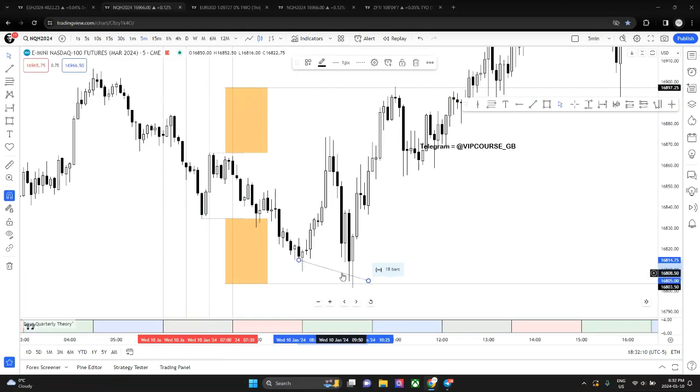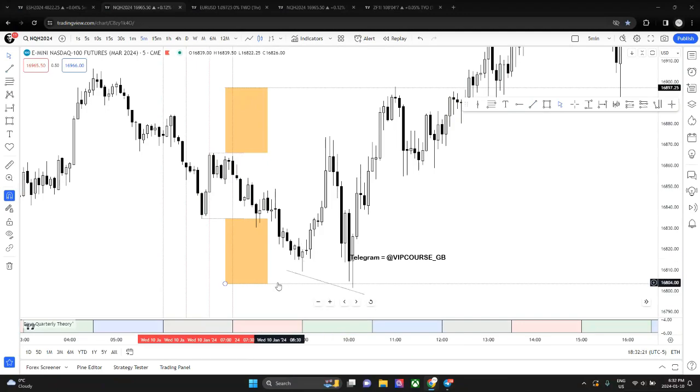It's actually crazy. Don't know why I'm talking about this stuff, but we had SMT divergence right here, right? So this low was purposely left. We whipsawed above here to take the buy stops above here.